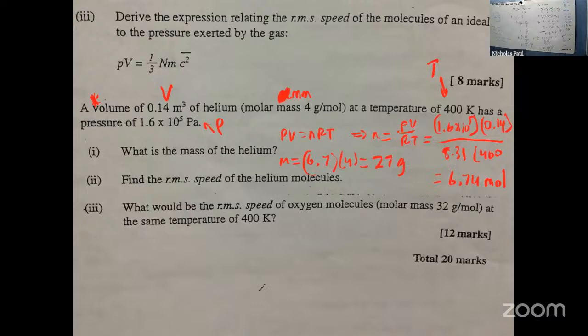PV equal to what? You can't use nRT. You want to get mean square. PV equals 1/3 N m times mean square speed.